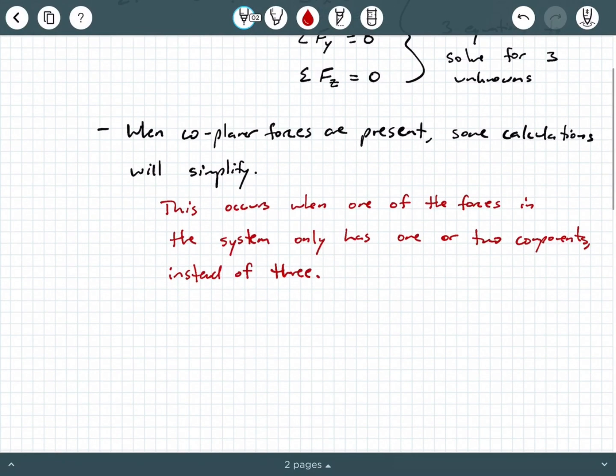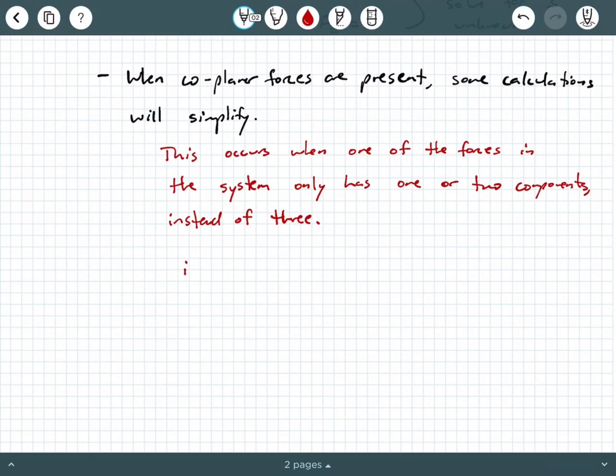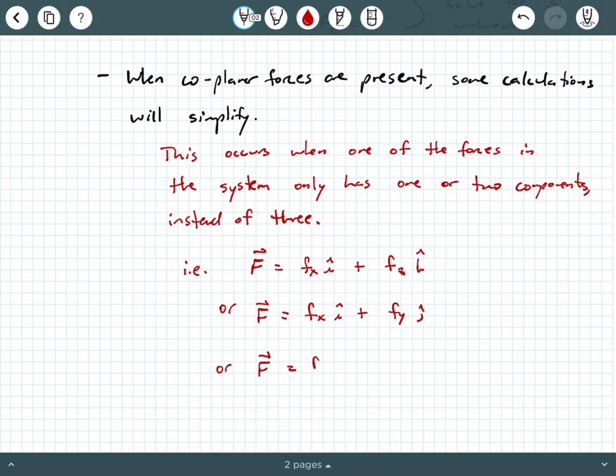Components. So like, for example, i.e., for example, you may have a force that has maybe F sub x i plus F sub z k, okay? Or a force that's F sub x i plus F sub y j, or a force with F sub y j plus F sub z k.